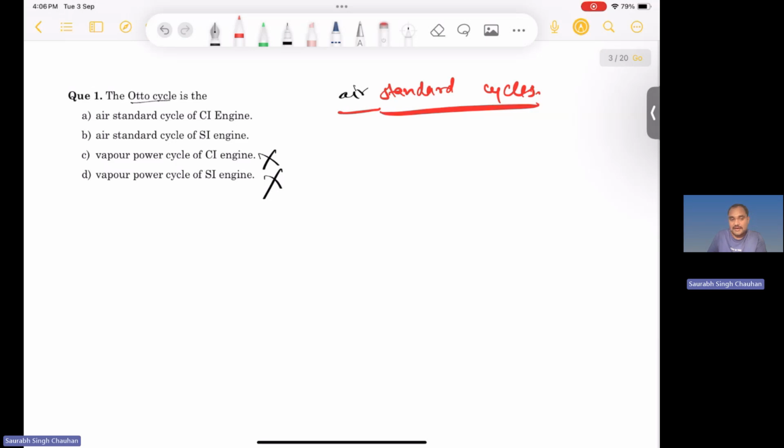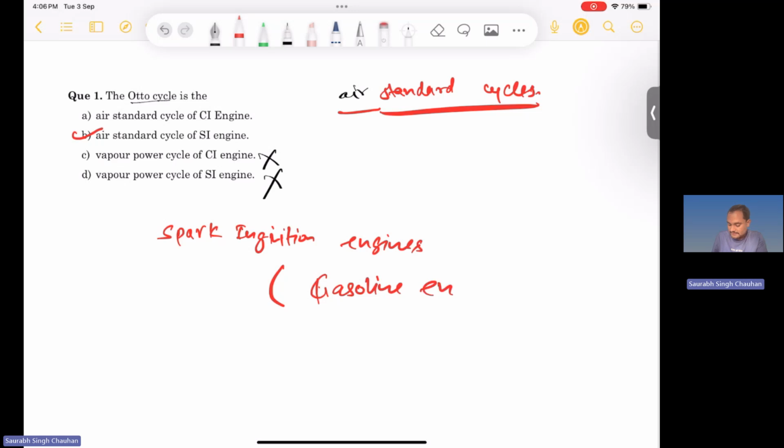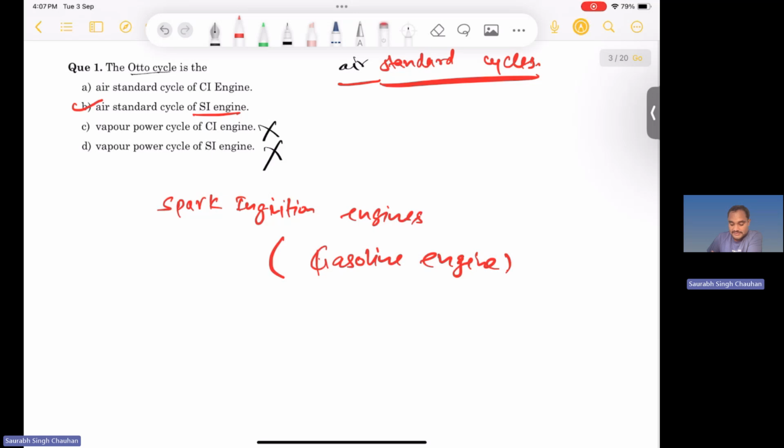This is a very easy question, and I hope you must have guessed that the correct option is B: the Otto cycle is the air standard cycle for spark ignition engines, or sometimes we can say gasoline engines. Gasoline is basically petrol. The engines used in your motorcycle, the bike, are SI engines, and the air standard cycle for the SI engine is the Otto cycle.